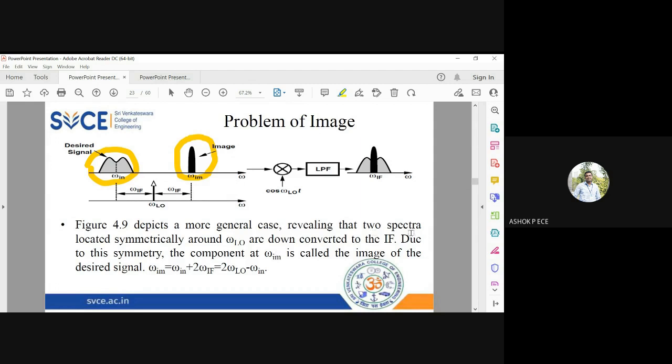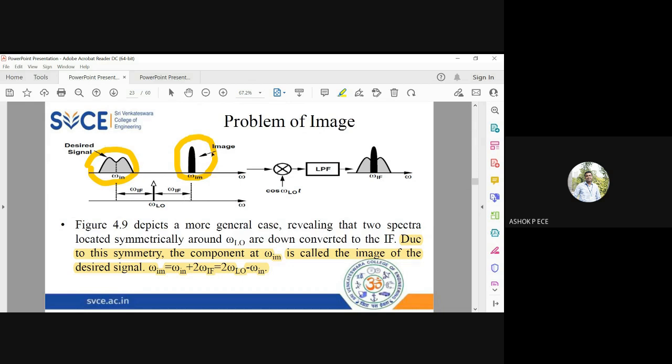So when this signal is mixed with this omega LO, we are going to have an additional signal, omega image, which is going to be 2 omega LO minus omega in. You can see that omega Im minus omega In is going to be equal to 2 omega IF. So the separation between the frequency of image and desired signal is 2 times omega IF.